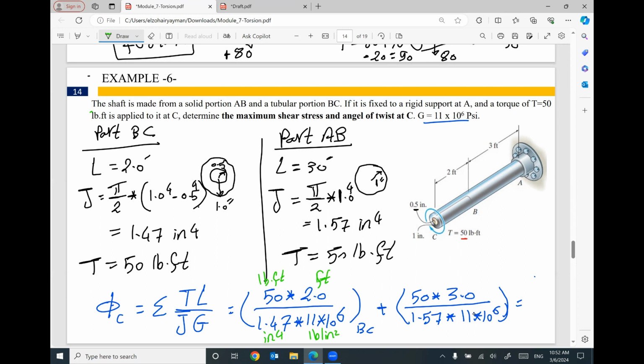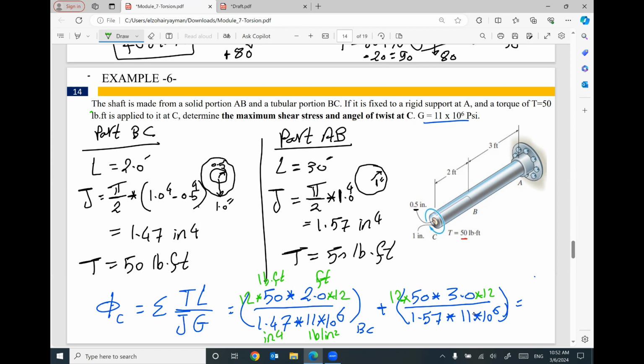We have a mistake here. Pound is good, but the numerator is in foot and the denominator in inch. So I'm gonna multiply this 50 by 12 and this 2 by 12. This 50 by 12 and this 3 by 12 to convert it to inch and pound-inch. Then I can figure out the final rotation.